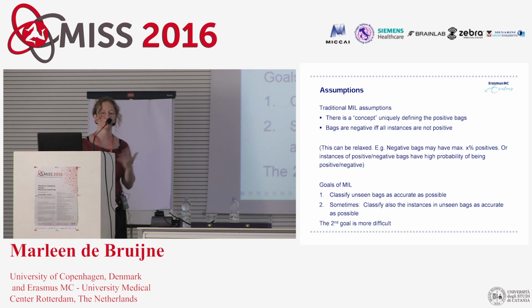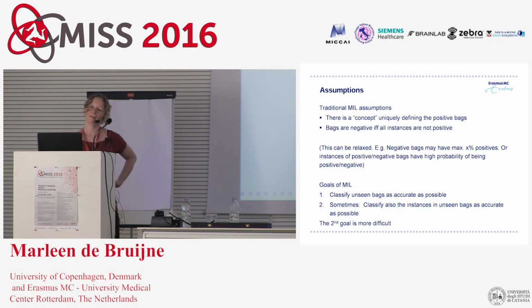It's more difficult, but it would allow us to possibly define disease regions without having local labels, and to possibly perform image segmentation without having any local training labels. So it's difficult, but would be very useful.